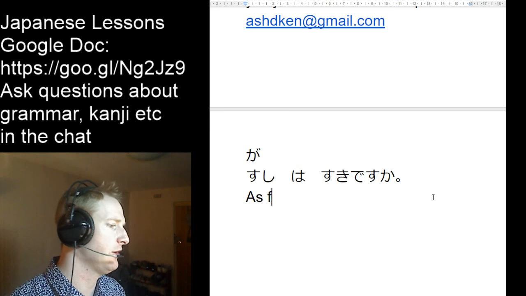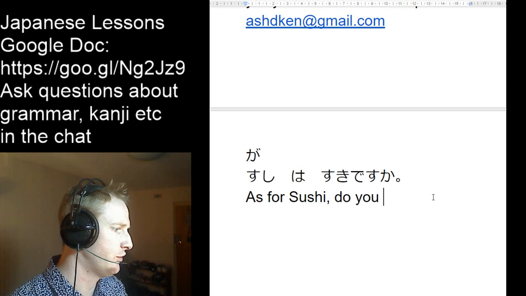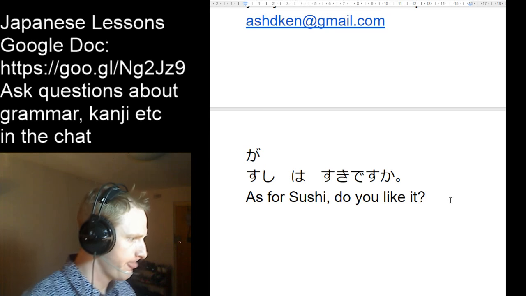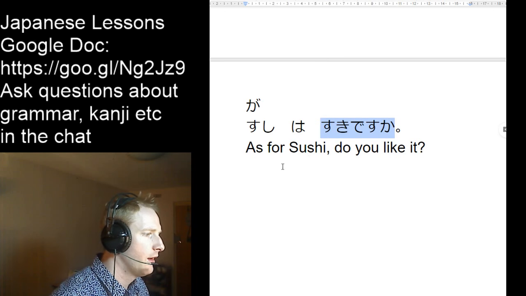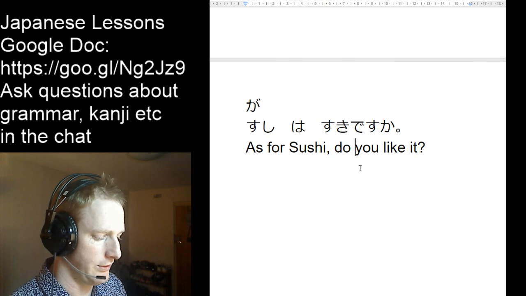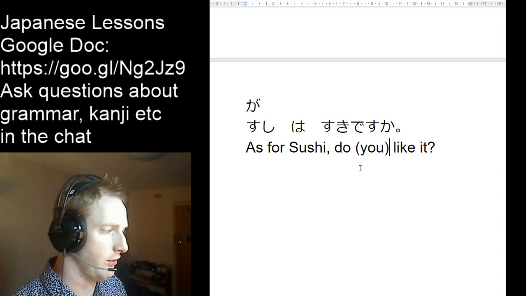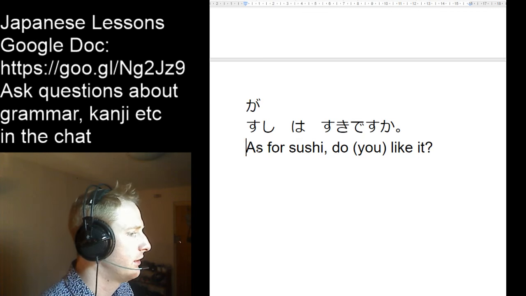Well, we can translate wa as "as for." So as for sushi, do you like it? Suki desu ka? Do you like it? And I just want to point out that basically this is in brackets. It's all implied. But anyway, let's go through this.